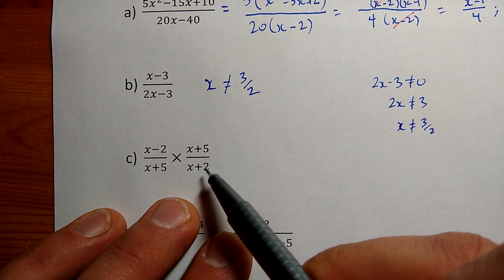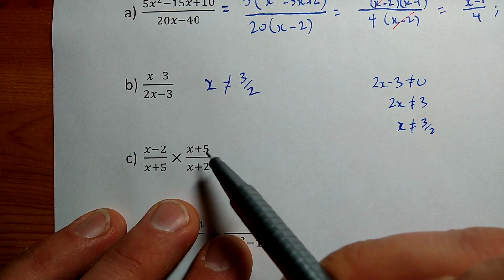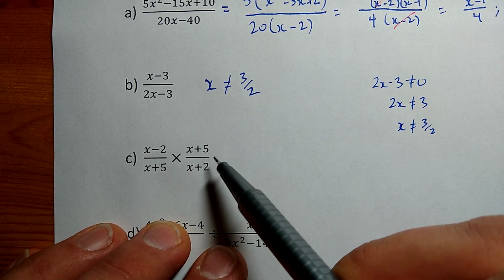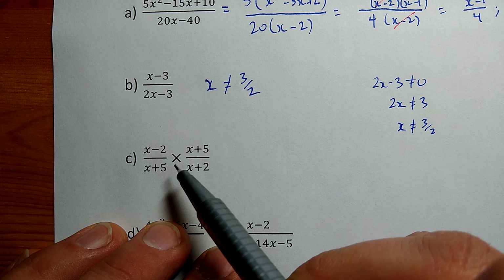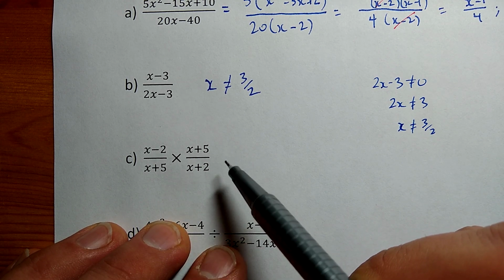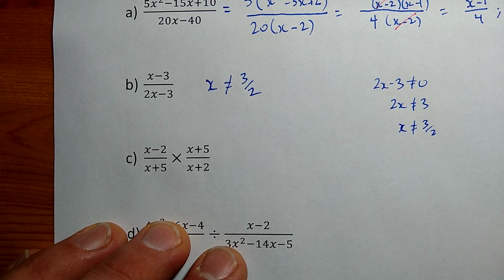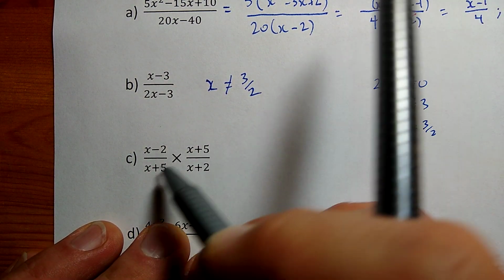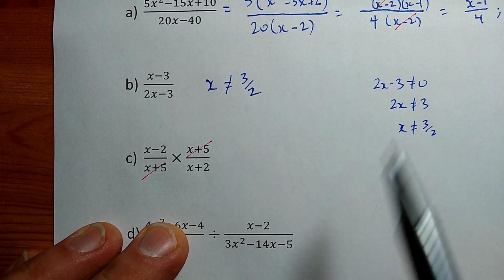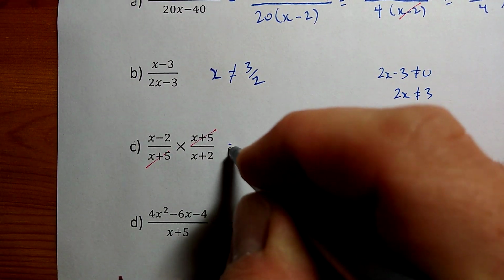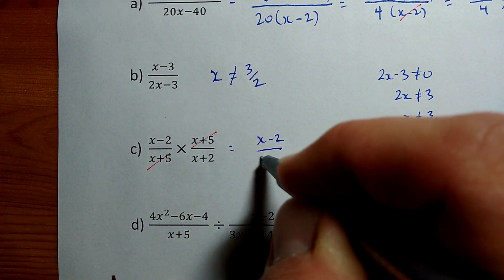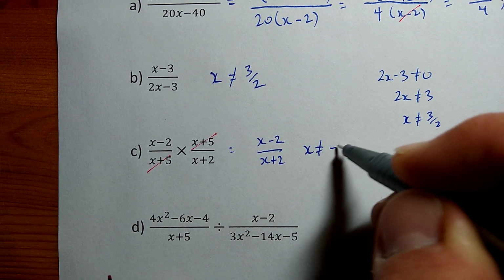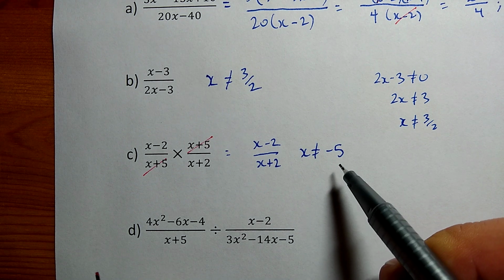Okay, now we have this one here, which is a product of 2 rational expressions. They're an expression here, and they're multiplied. Before we do multiplication, we can go ahead and do any canceling of factors. So I can cancel this and this, and when I do, I'll be left with this expression with x can't be equal to negative 5.